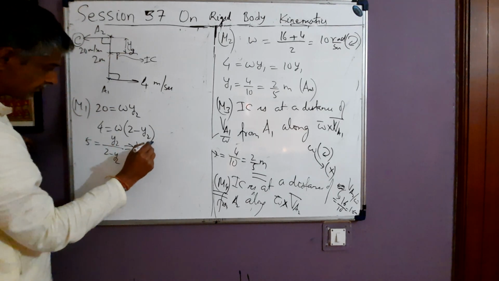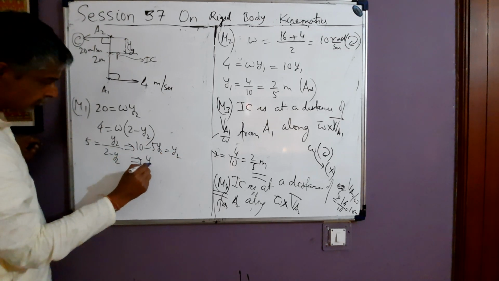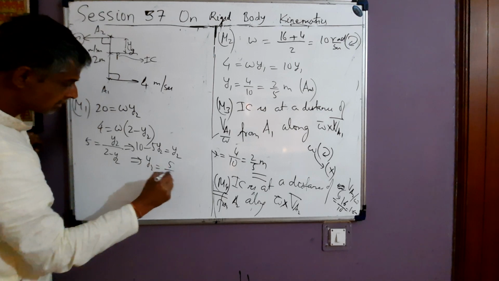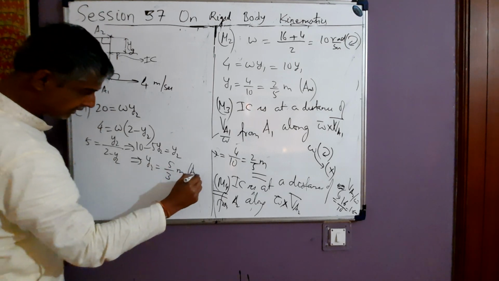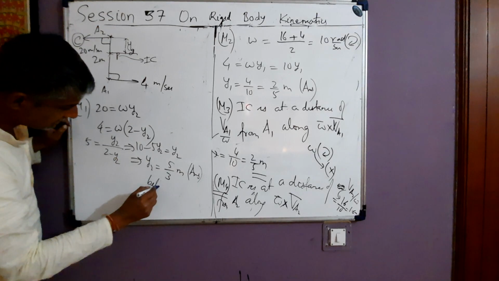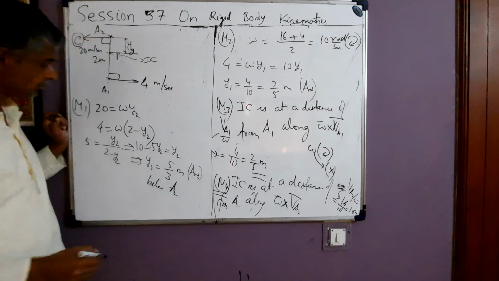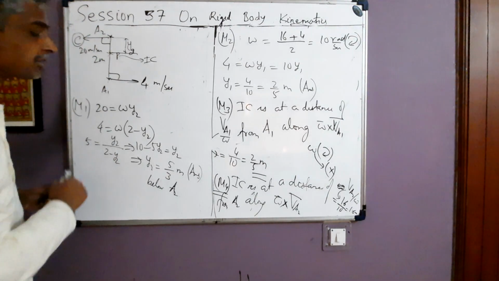So this becomes 10 minus 5 y2 equals y2, so 10 equals 6 y2, y2 becomes 5 by 3 meter. That is one answer: 5 by 3 meter below A2. That is the IC of the rod with respect to the ground by method 1.